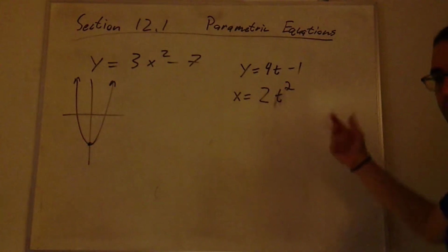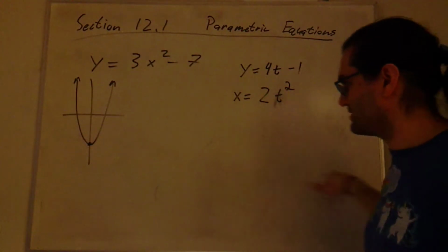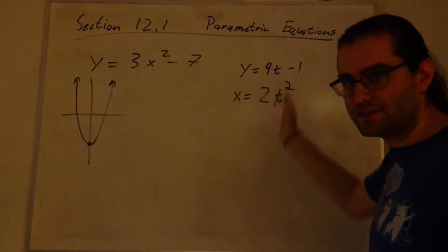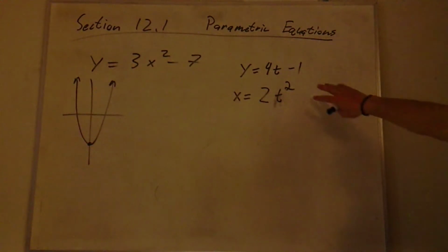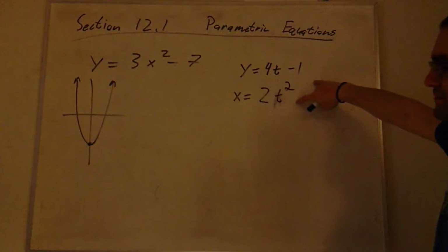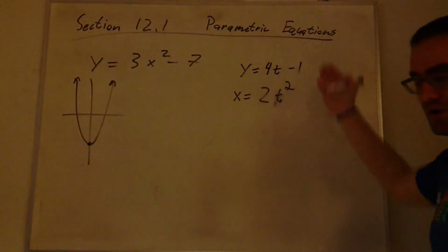But it's not actually something that goes on an axis. You still just have your regular x-axis and your y-axis. There's no t-axis. So let's take a look at this thing, see if we can figure out what shape this thing is going to make when we graph it.